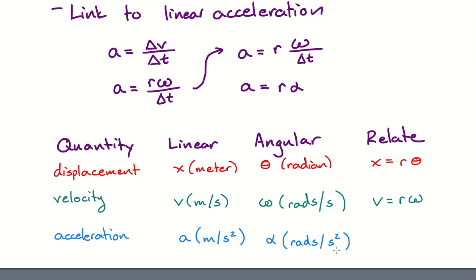Radians per second, or per second squared. Same thing. All right, and now I imagine there's a trend starting to be seen here. X is r theta. V is r omega, which means A is r times, what's the angular version of this? Alpha. And we're done.